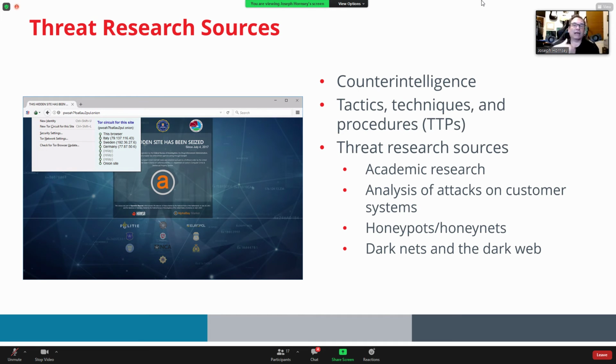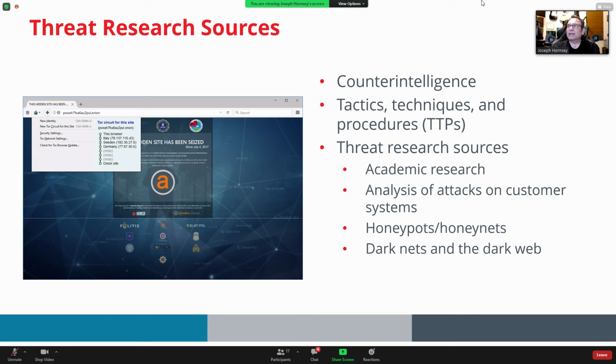What we're trying to do as the good guys is develop as much counterintelligence as we can. And we do this by trying to discover the TTPs, the tactics, techniques, and procedures of the threat actors. So we're looking at basically, what is their strategy? What kind of campaign are they running? What attack vectors are they using? And what are the tools and the techniques that they use to exploit these vulnerabilities? That's what we're trying to do.